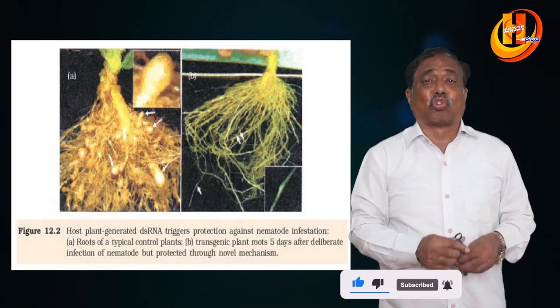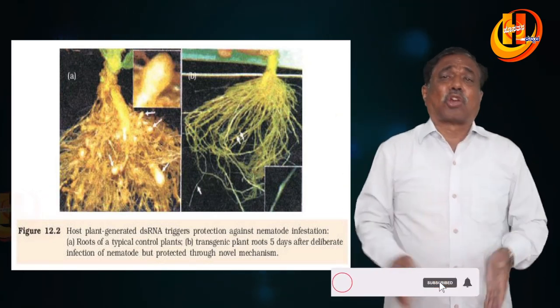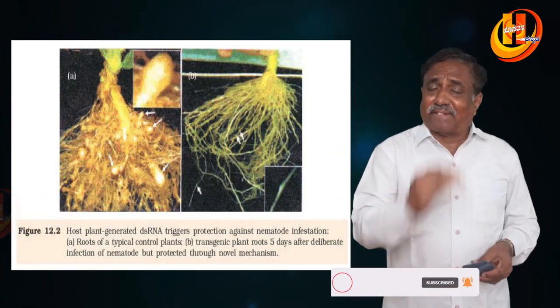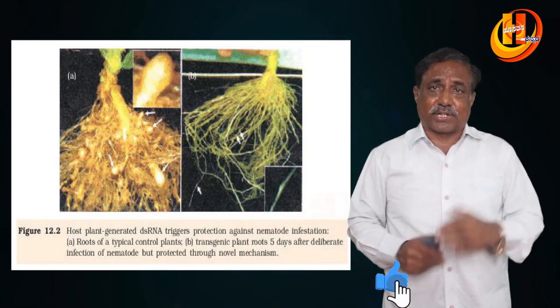And the vector used for this is also the plasmid of Agrobacterium tumefaciens. The vectors are very important as far as this application is concerned.